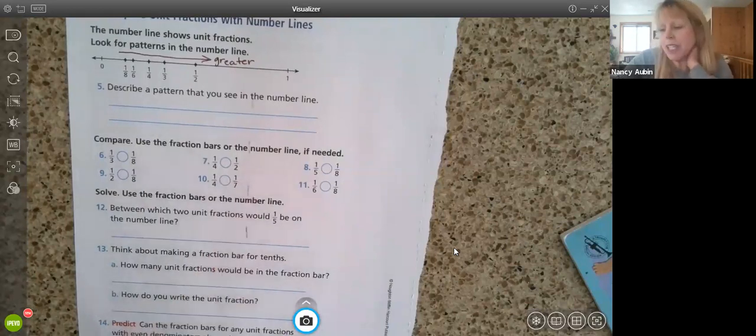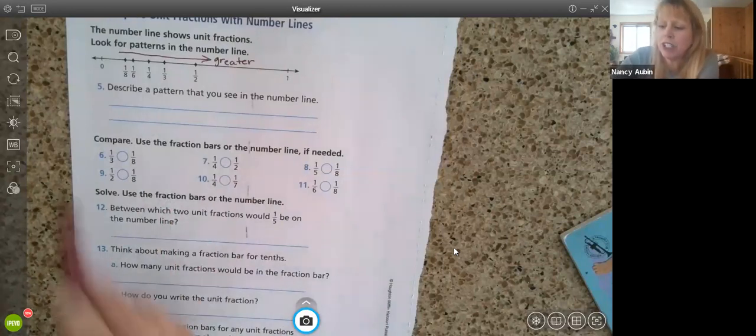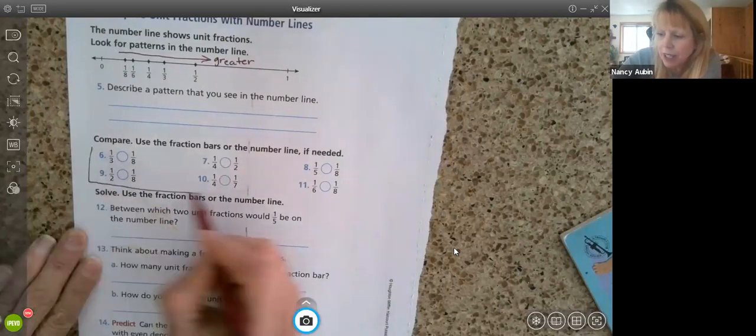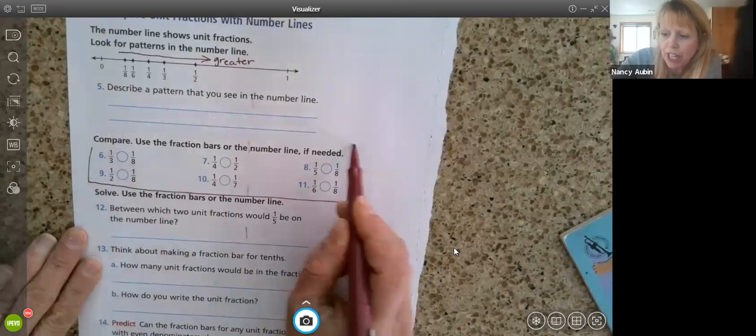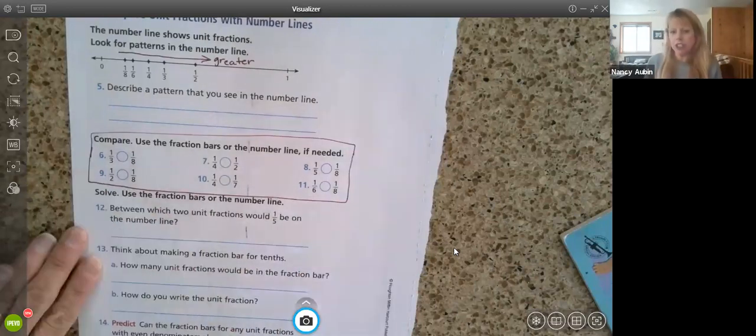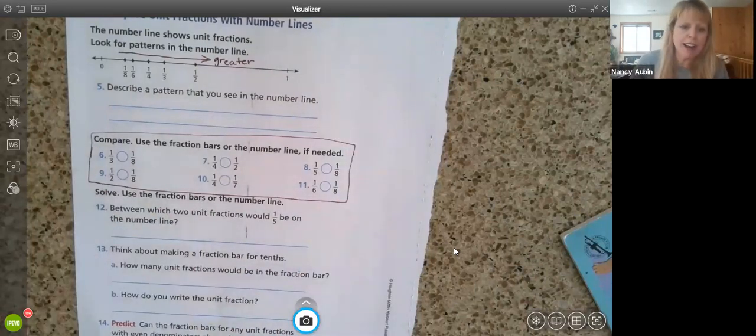Going to give you a few minutes to write these down. We're looking at numbers 6 through 11. These are the problems I want you to do on your paper. Go ahead and write those down.